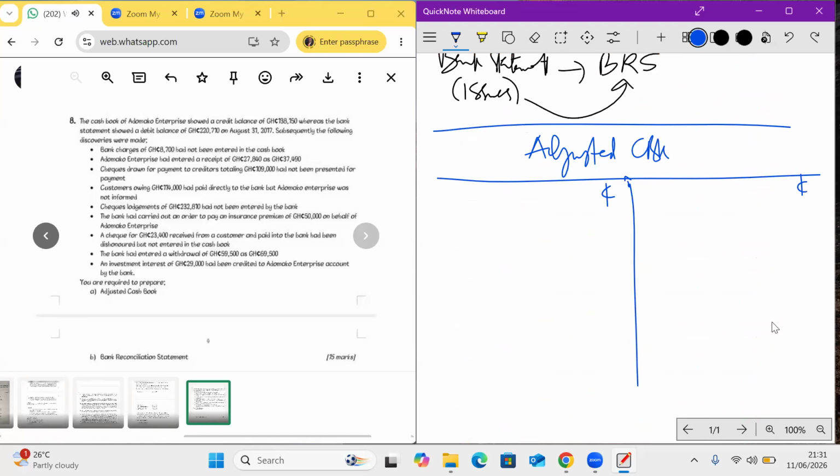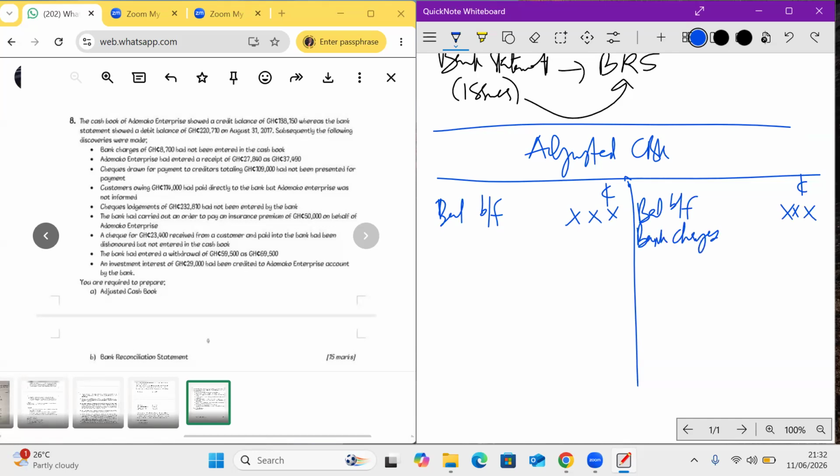So the same thing: debit is the receipt, the right-hand side is the credit. It can begin with balance brought forward. I'm using XX to represent the amount. The balance brought forward could be on the debit side. It can also be on the credit side. I will explain. Then on the credit side, we can have bank charges.